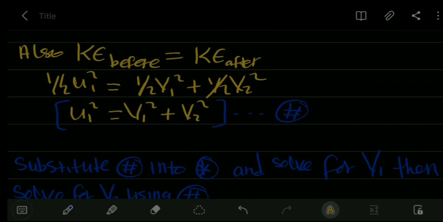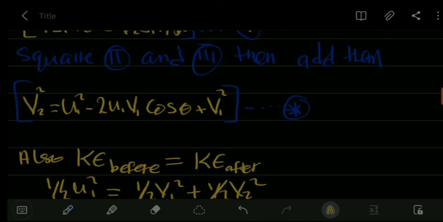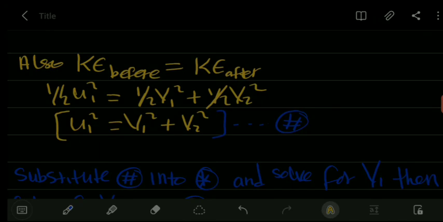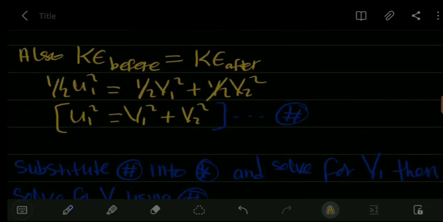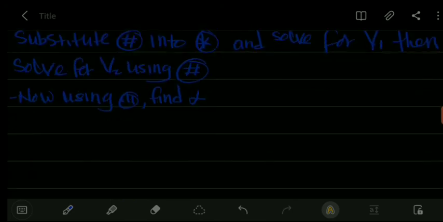This equation hash can be substituted into equation star, where there is u1 squared. We simply substitute this u1 squared and put it in equation star. After we substitute that, we'll be able to solve for v1.